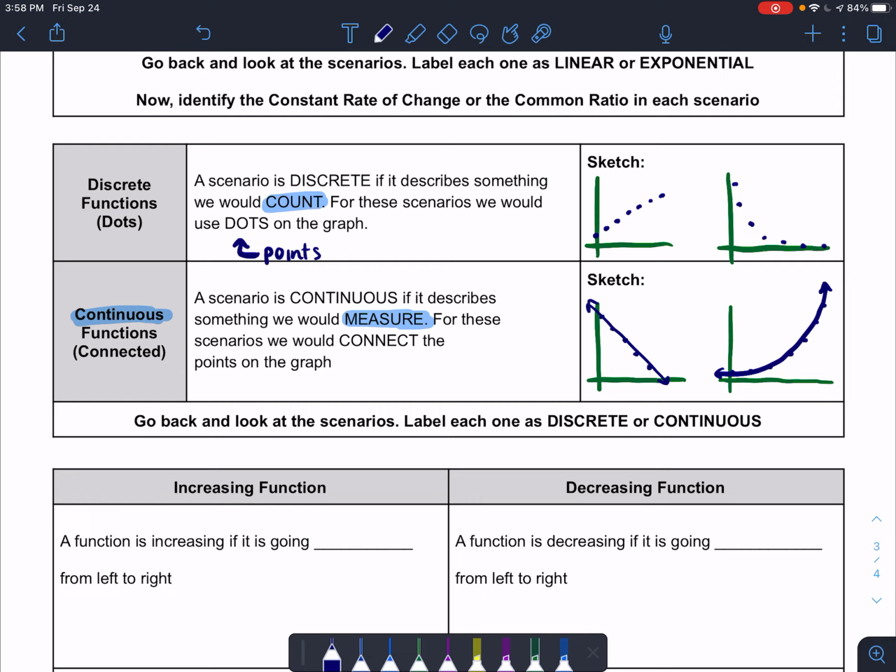Mr. Evans, what do you mean about this measuring idea? Well, I mean things like height, amount of rainfall, I don't know, anything that you can measure, right? Distance. When it's something that you would measure rather than count, you connect the points.